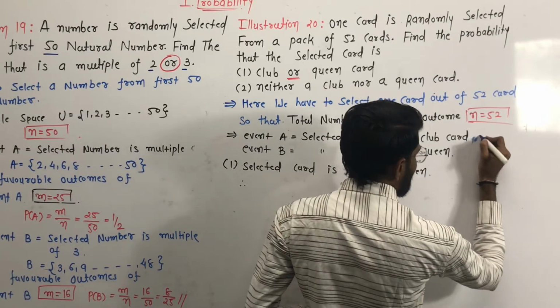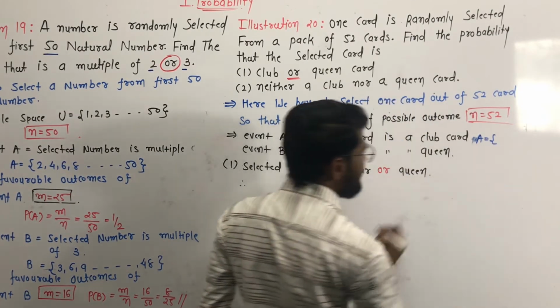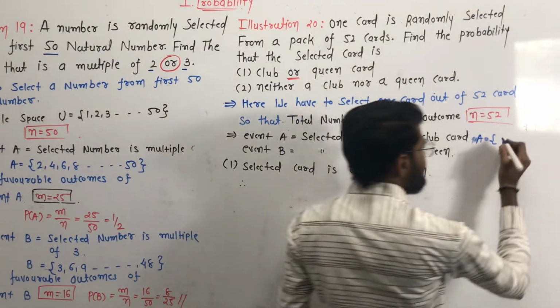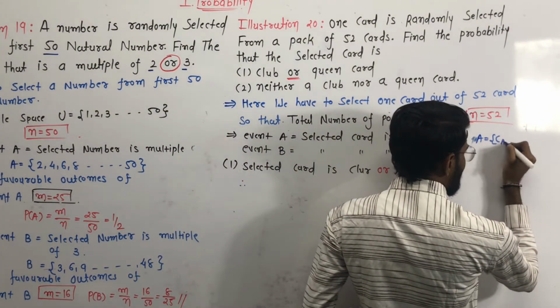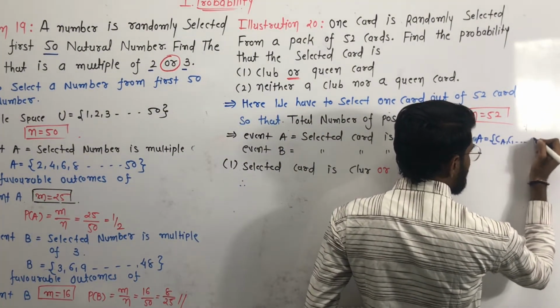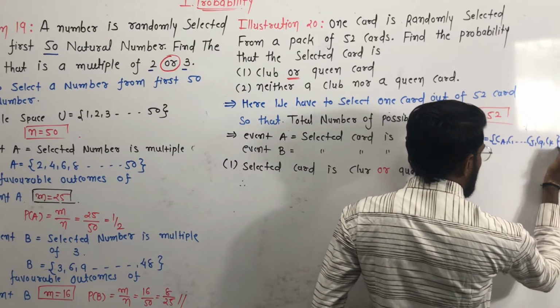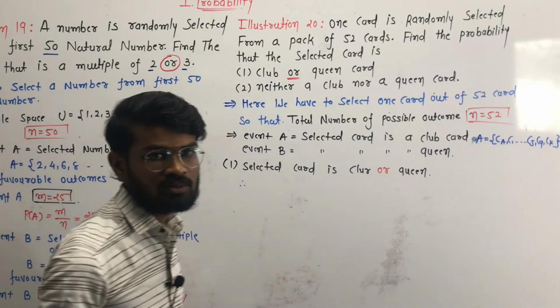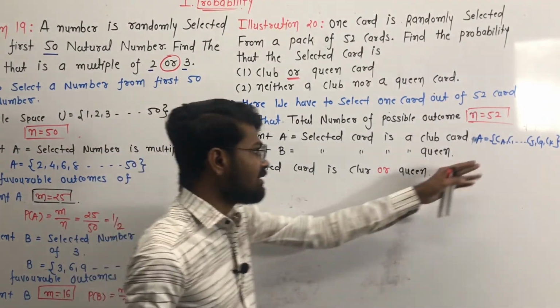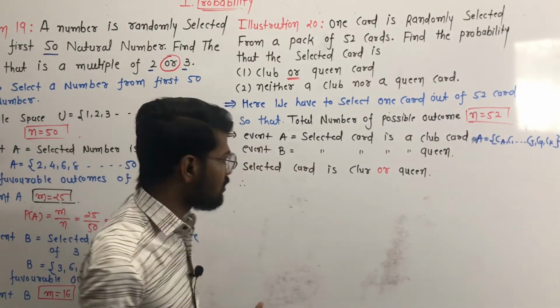Event A is that the selected card is a club card, which means ace, 2, 3, and so on, club card J, club card queen and club card K. How many total favorable outcomes are there? The total number of club cards is 13.